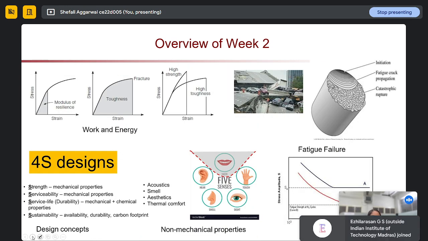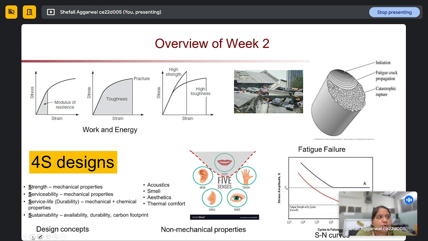The next thing you might have studied this week is what the different areas under the curve of our stress strain curve are called. If we see this stress strain curve, it goes elastic and then strain hardening. Within the elastic area, the area under the curve is called the modulus of resilience.